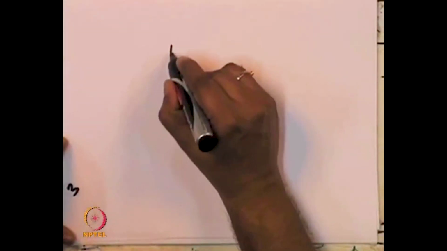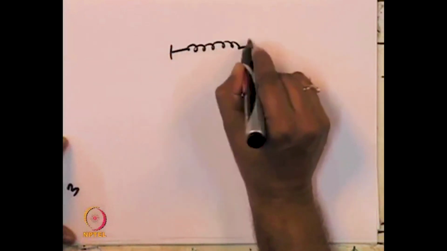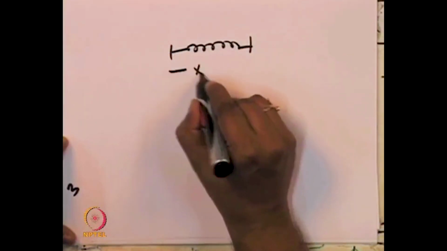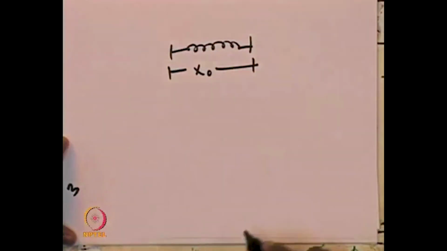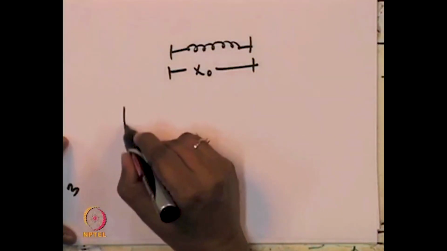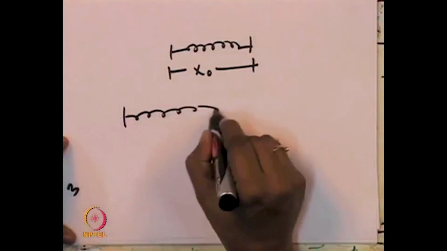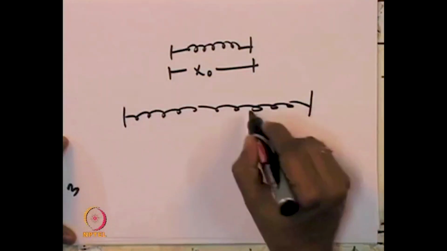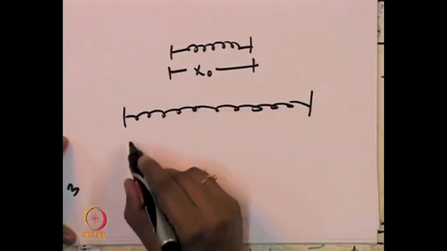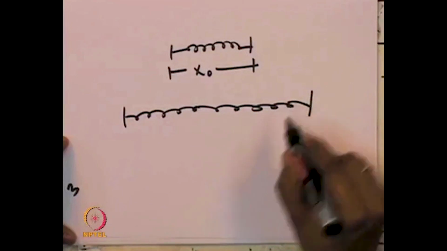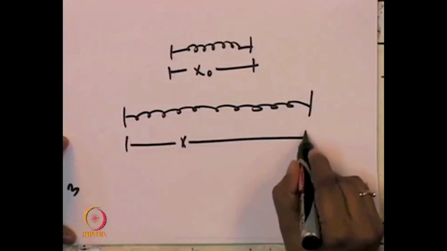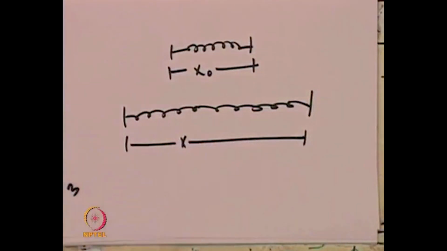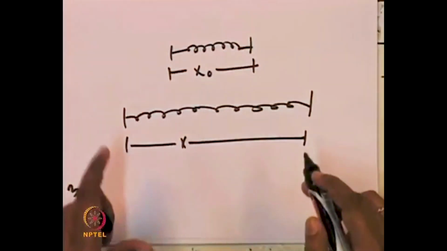So let's say you have a protein, and this is the distance x0. Now I can stretch this protein, the spring. Now the distance is x, so this distance is x. This x is bigger than x0.